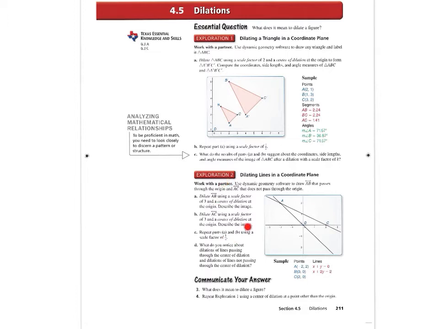Exploration 2 talks you through similar steps of dilating lines in a coordinate plane. If you follow these steps and figure out the equations of the lines, you explore in a different way, dilating lines in a coordinate plane.